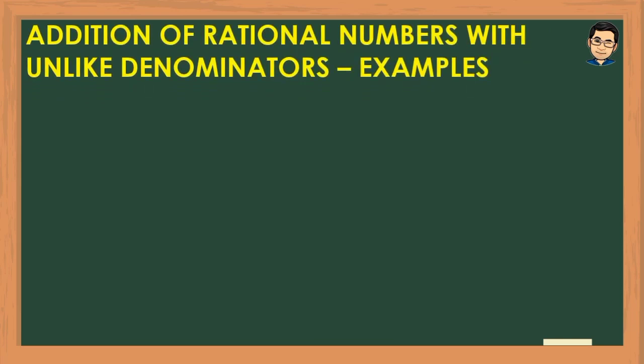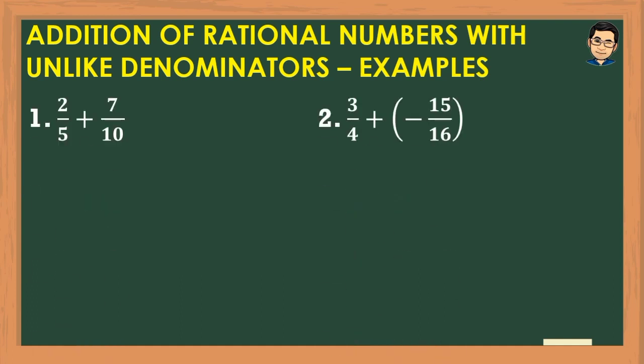So let's have examples of addition of rational numbers with unlike denominators. So number 1, 2/5 plus 7 over 10. So the LCD of 5 and 10, that is 10. So, and then isusulat natin sila into equivalent fractions.